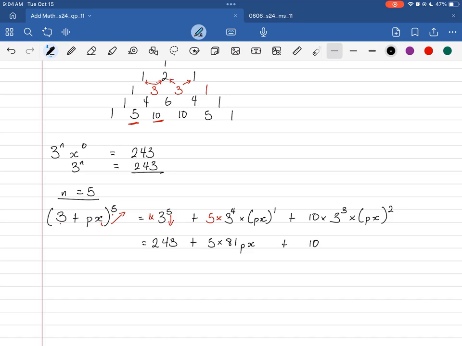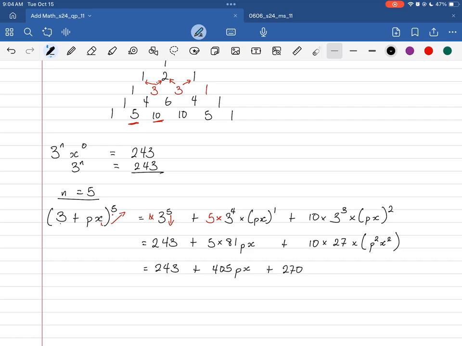So 10 times 27 times p squared x squared, because this is squared, every term inside the bracket will be squared, so p squared x squared. Now let's continue. So you have 243 plus 81 times 5 is 405 px, plus 27 times 10 is 270 p squared x squared.